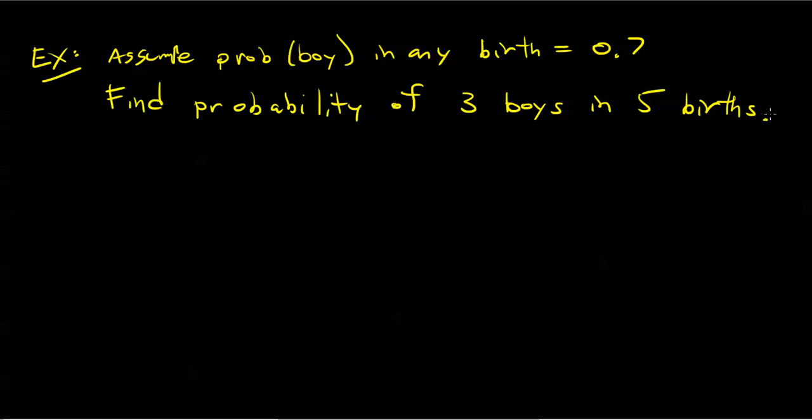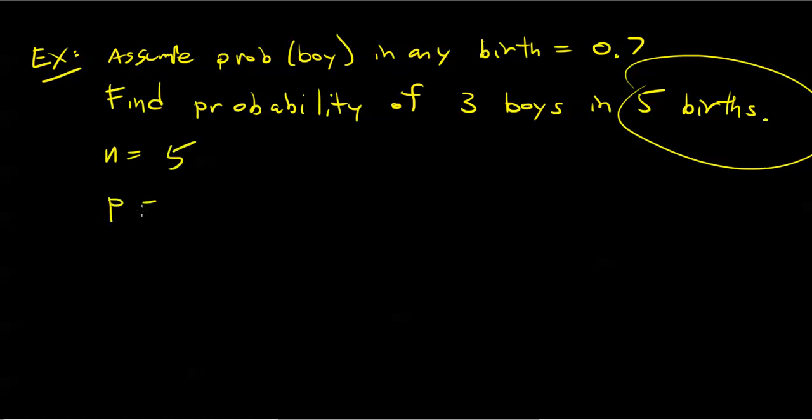Kind of a simply stated question, but not so simple to grind out. A lot of students would say 3 over 5 is 0.6, but that's not going to cut it here. We're going to need the binomial probability formula. We've got a fixed number of trials here, 5 trials. The probability of success in any trial is 0.7.